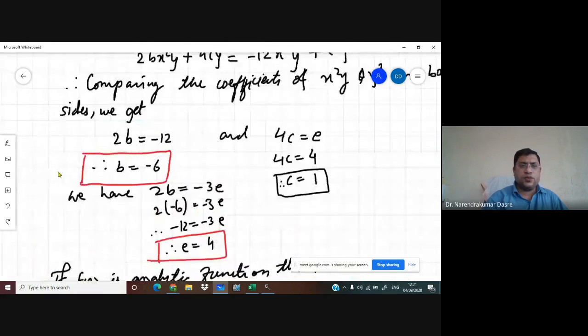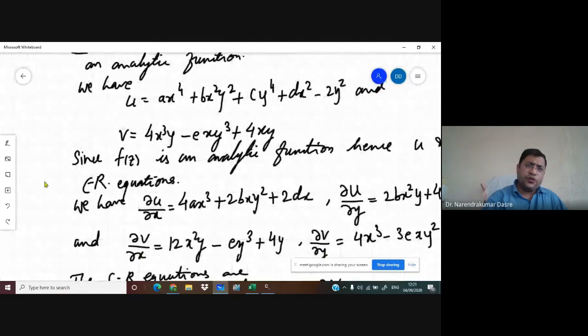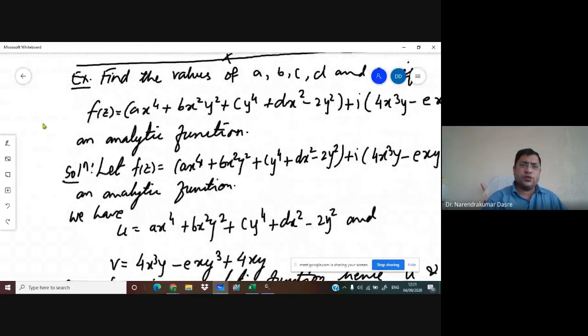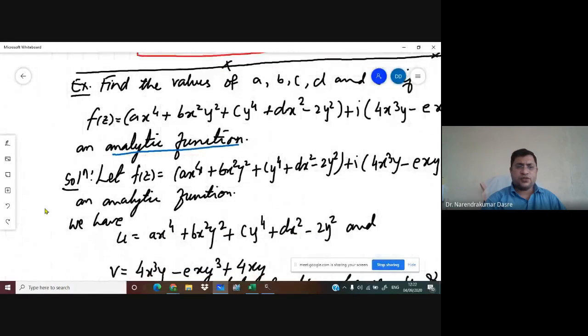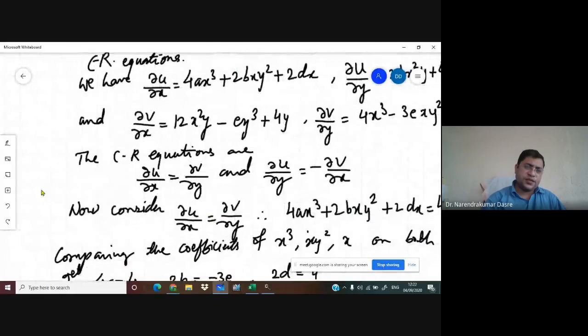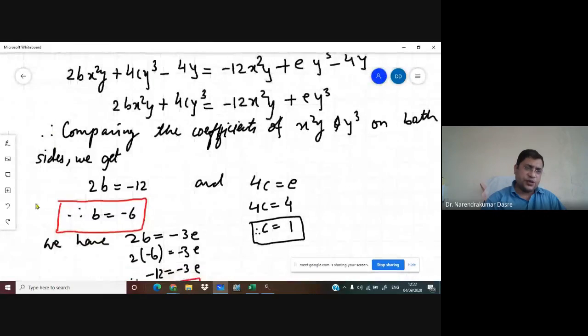So this is how we calculate the values when we know the function is going to be analytic. In these two examples, the function is given to be analytic, and then we are able to use the CR equations. If the function is analytic, that means it satisfies the CR equations and the first order derivatives are continuous.